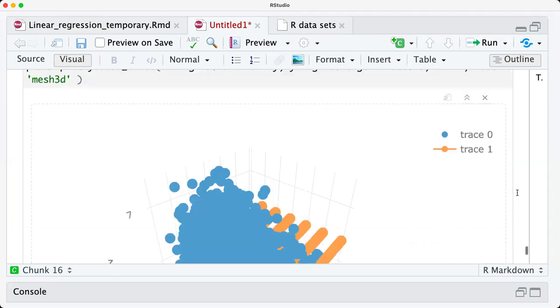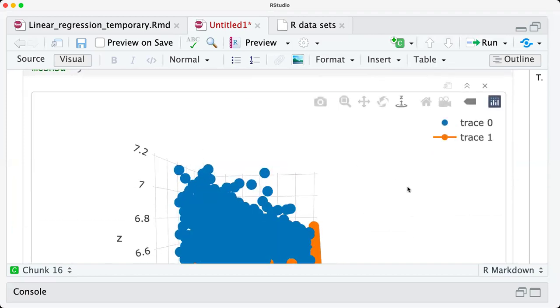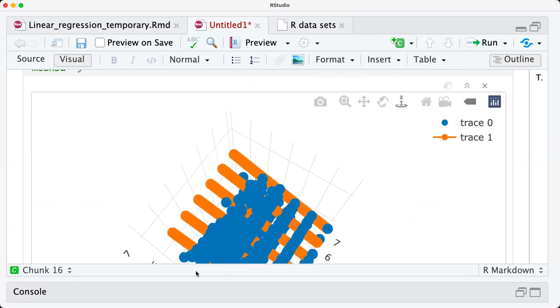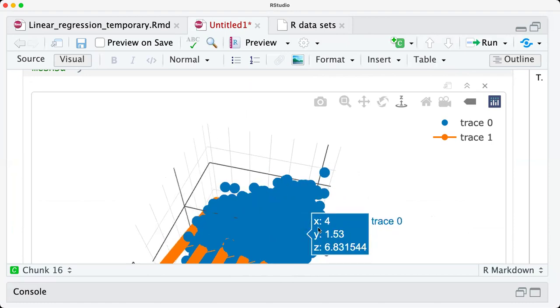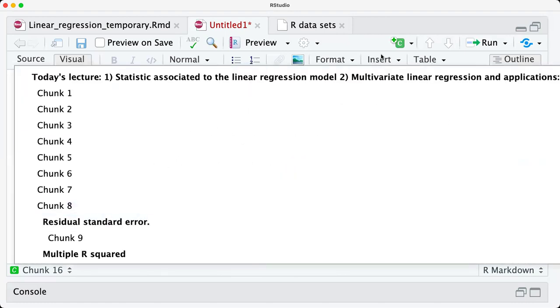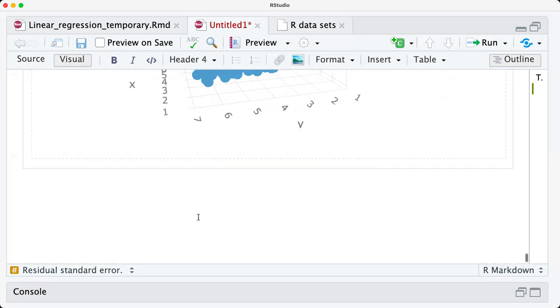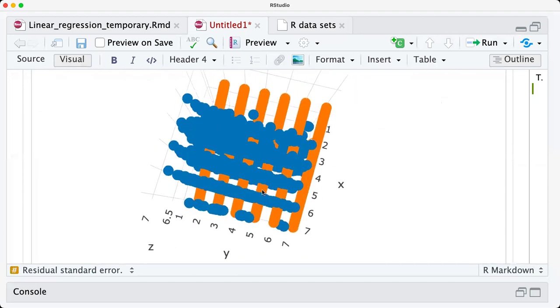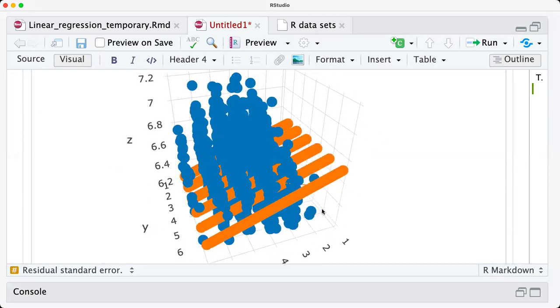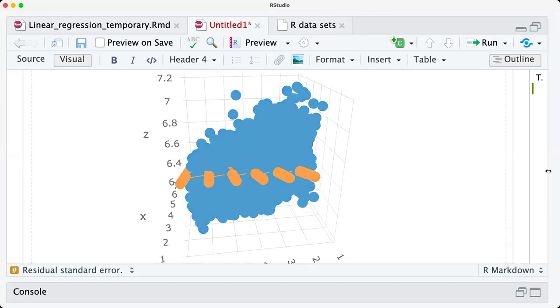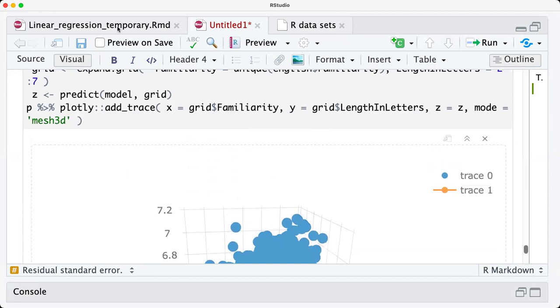Okay, it didn't build. It computed the points of the plane, but they didn't really make a plane. So let me check the things that I did before.